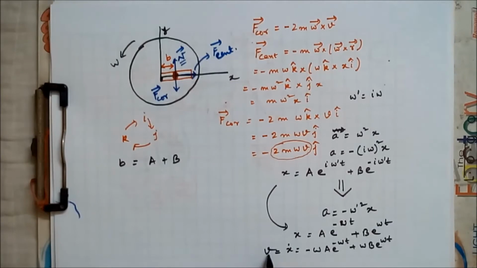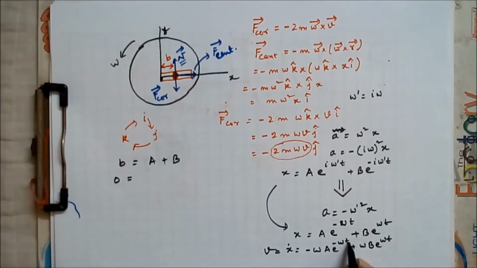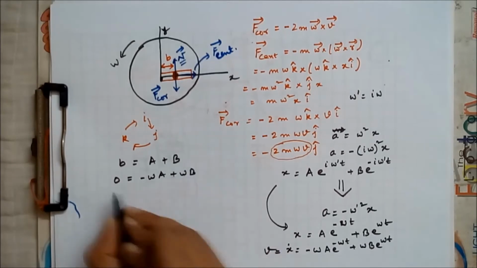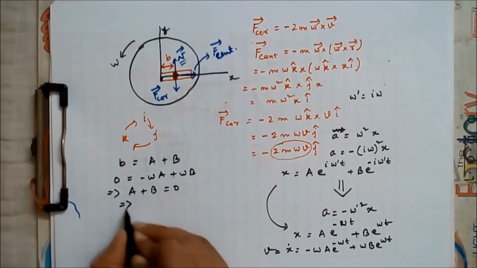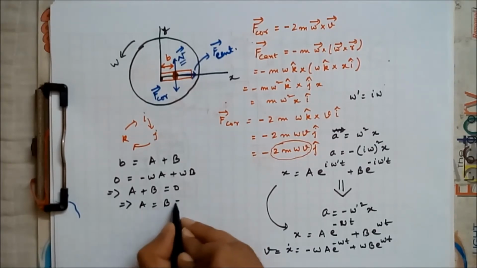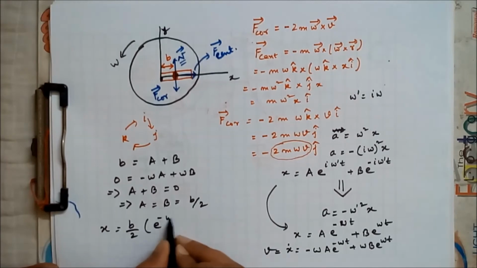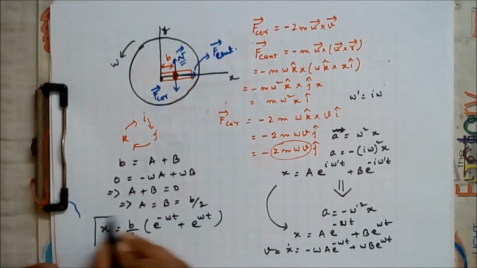So if I substitute 0 in place of v, and 0 in place of t, I shall get minus omega a plus omega b, which will give me a equals b by 2. So the final solution to my equation will be x equals b over 2 times e to the power of minus omega t plus e to the power of plus omega t. This is my final answer.